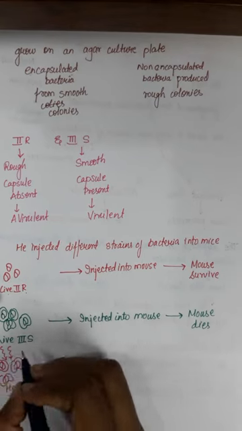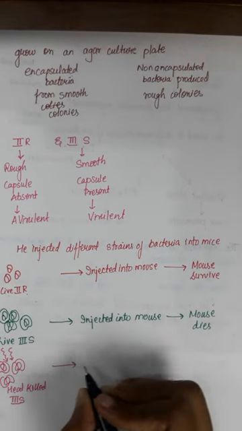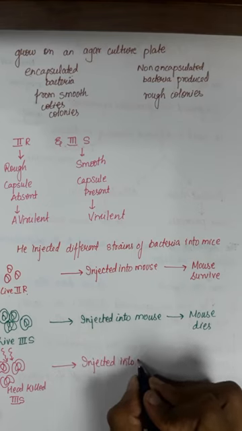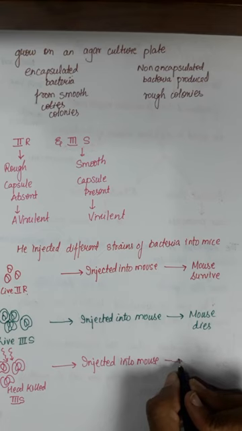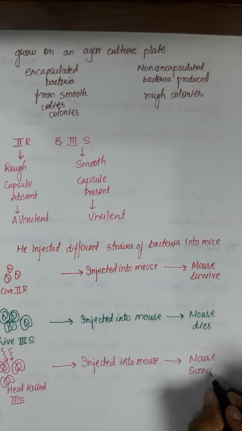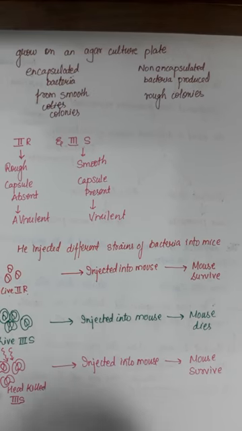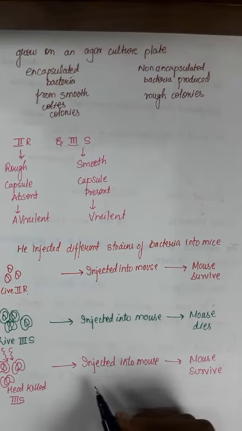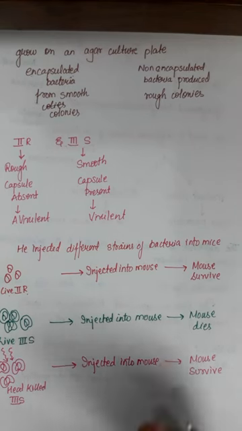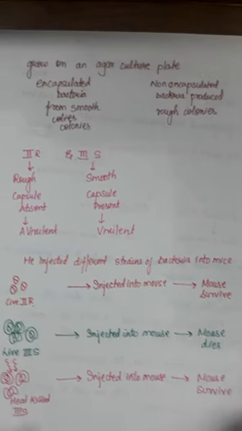When he used heat killed 3S and injected it into the mouse, the mouse survived. In this case, when he used heat killed 3S and injected into the mouse, it did not suffer from any pneumonia. The mouse survived.